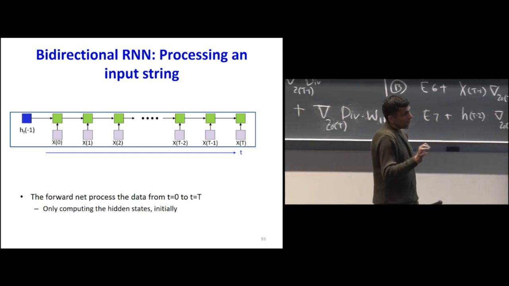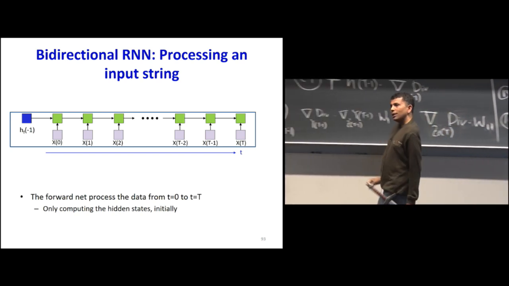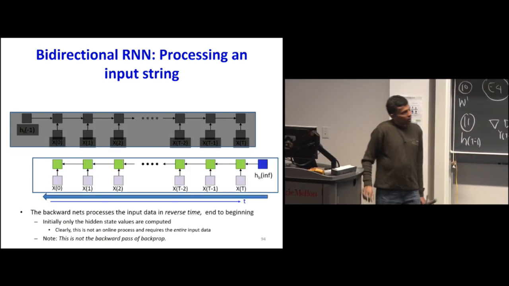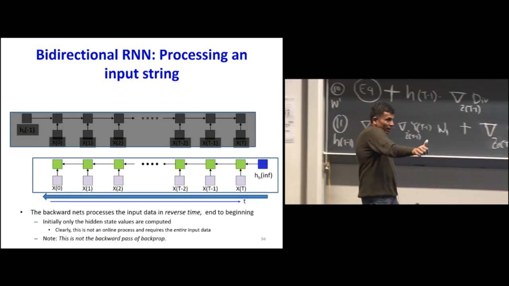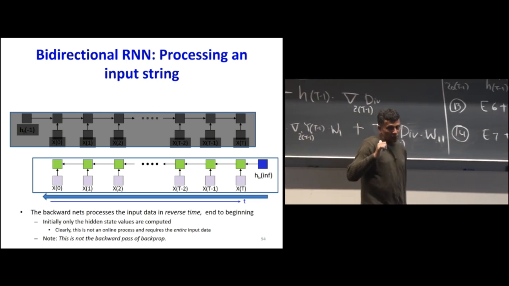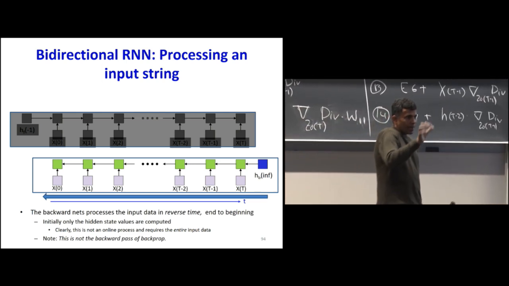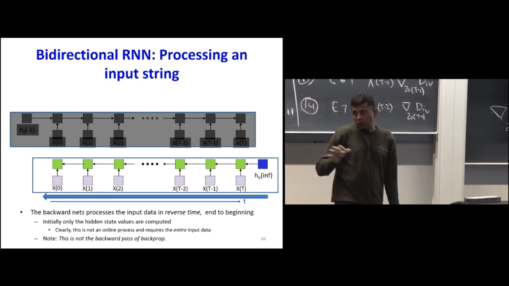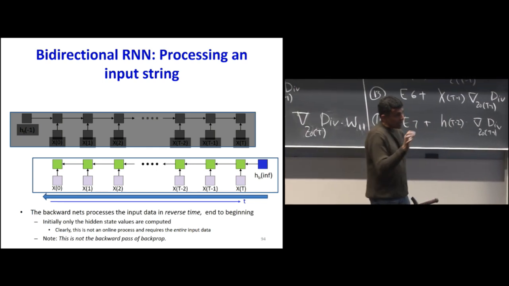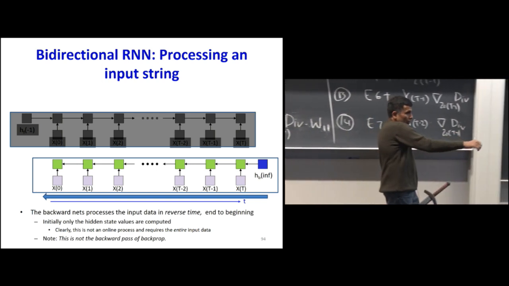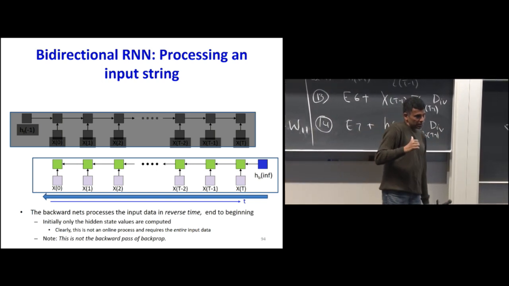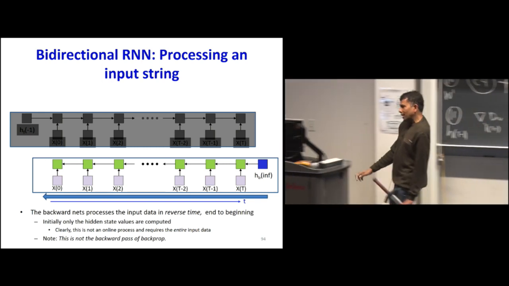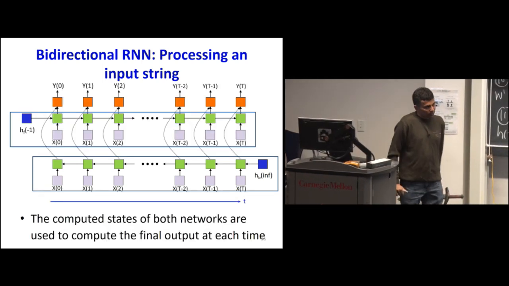You haven't yet computed the output. Once this is done, you take the same data and work it backwards through the backward network and compute the state values going backwards in time. So once you do this, you have the state values at each time computed both going forwards and backwards. And then you can combine both of these to make your final output predictions, like so.